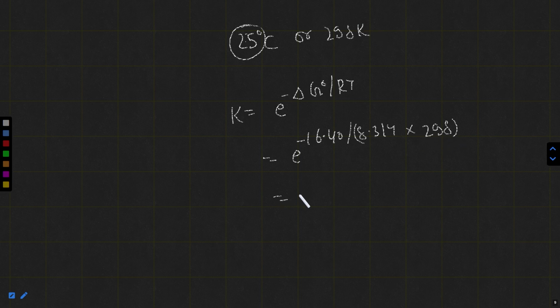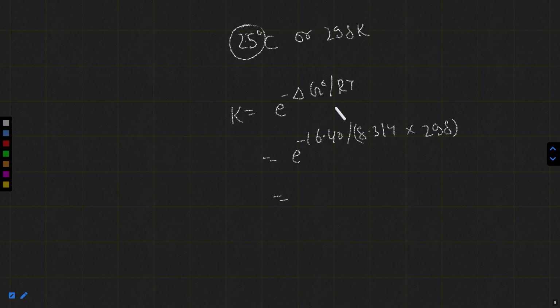Evaluate this. Once you evaluate this, in the exam you will be given the value of e to the power, so you don't have to think about how to calculate it. Multiplied by 298, so reverse it and multiply it with 16.4.